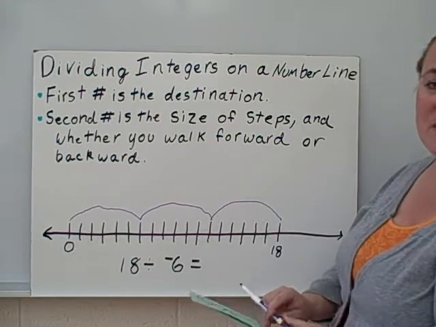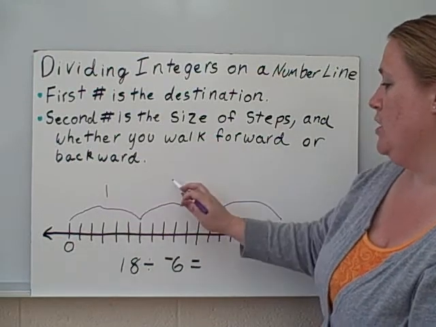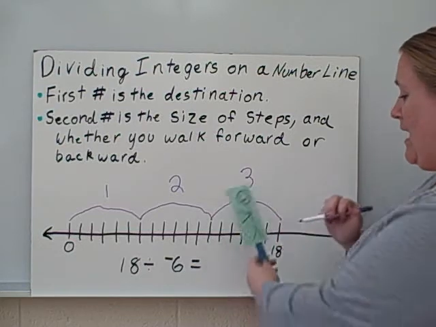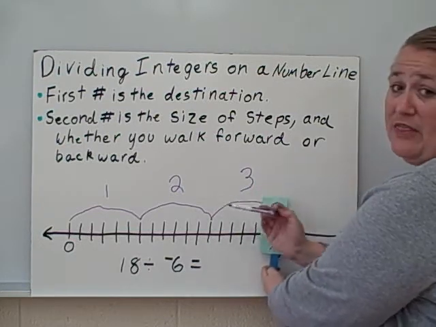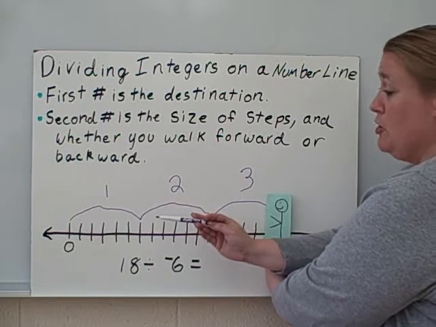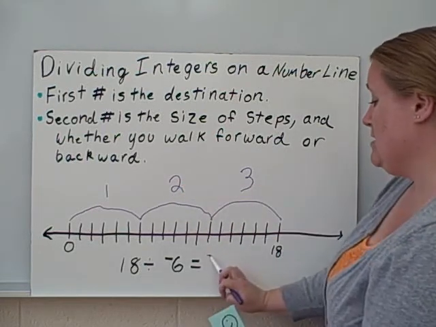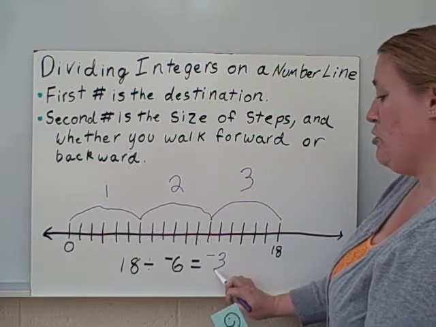So how many steps did I take? I took 3 steps, and I'm facing the negative direction. Remember, the negative direction is to the left. So my answer is negative 3.